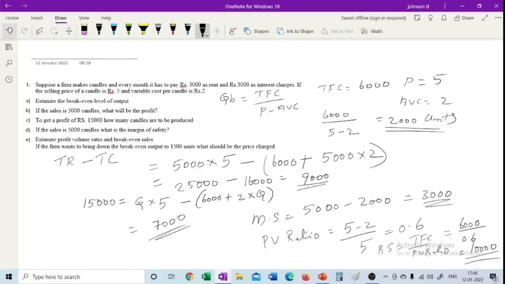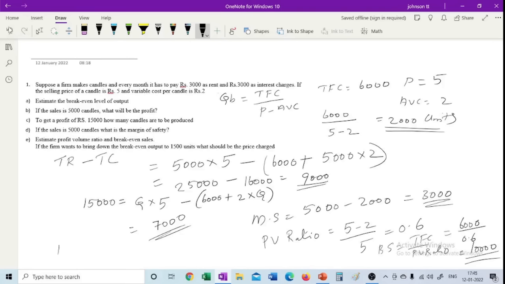Then the last part of the question, if the firm wants to bring down the break-even output to 1,500 units, what should be the price charged? Now the break-even output is 2,000 units, but the firm wants to bring down this break-even output to 1,500 units. So what should be the price if the break-even output is 1,500?